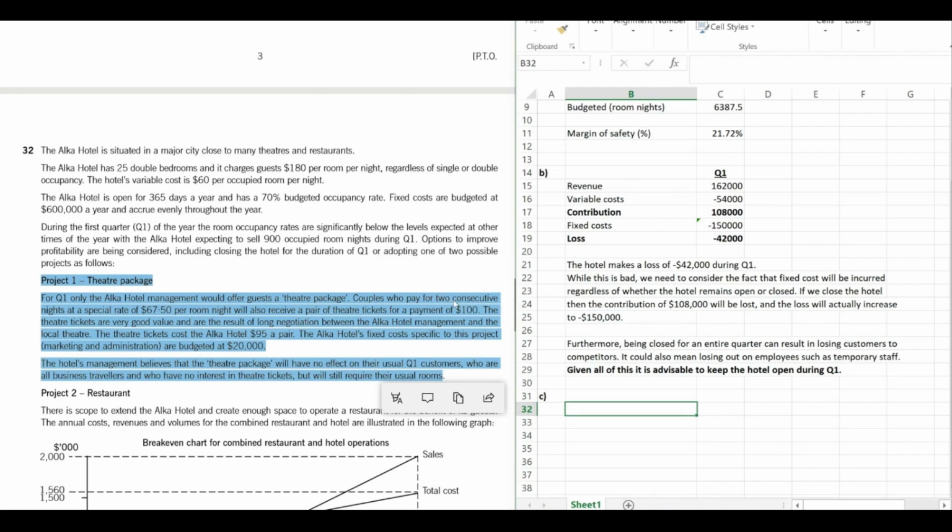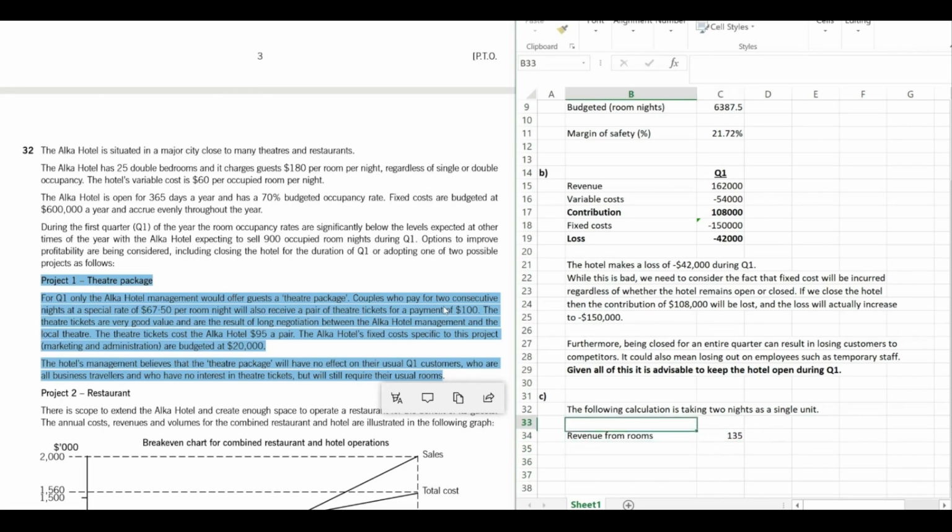So what's going on here? For each 2 consecutive nights, let's consider 1 unit to be 2 nights. So let's just make that clear for the marker, right? The following calculation is taking 2 nights as a single unit. Okay, we're just making that clear so that there's no confusion. So there'll be revenue from rooms, which is going to be 67.5 into 2.